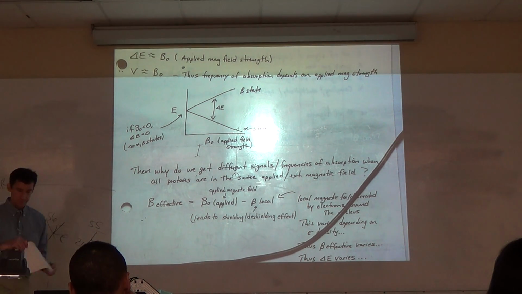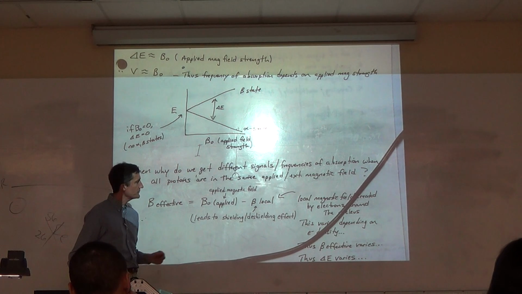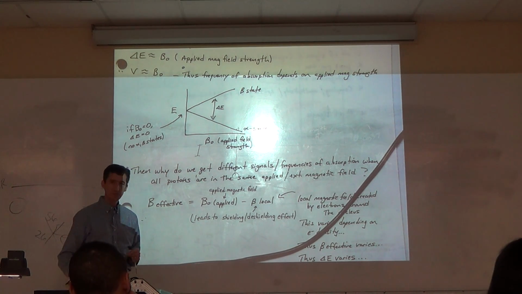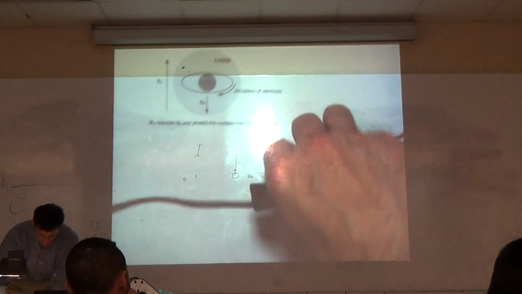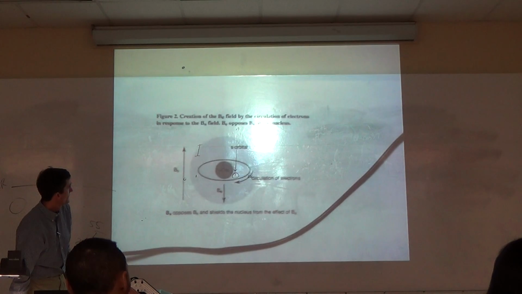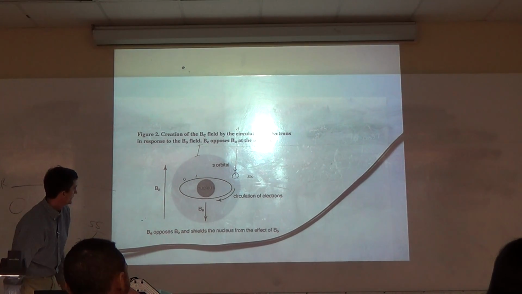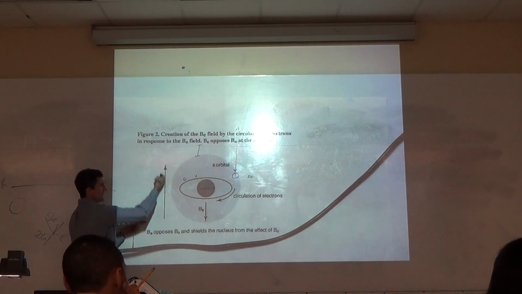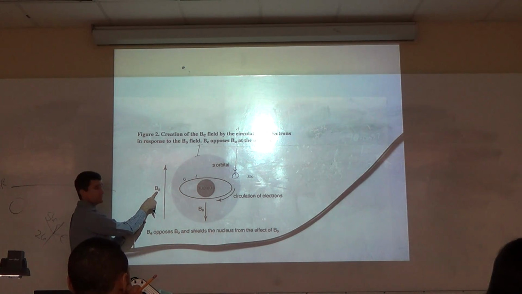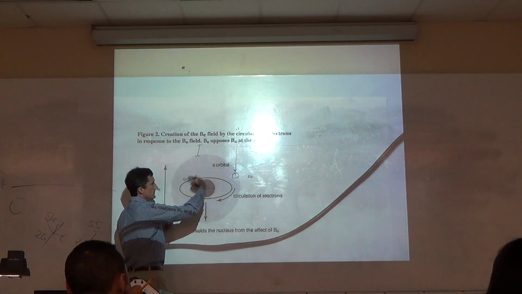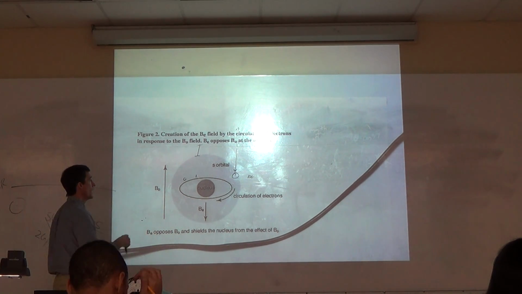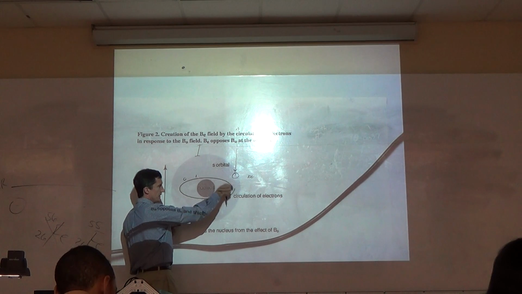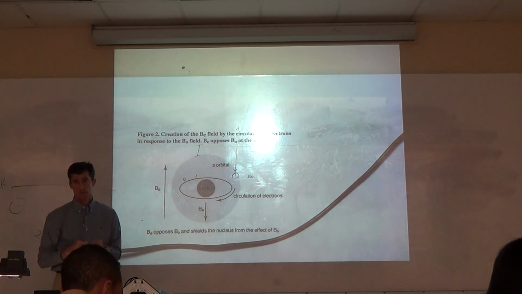Now, I often struggle to explain this very succinctly, and I found a diagram here. I didn't use it yesterday, but we got this on camera. Maybe this will explain it. Here's the external field called B naught. Here's a nucleus. What's around the nucleus? Electrons. This will induce circulation of the electrons.